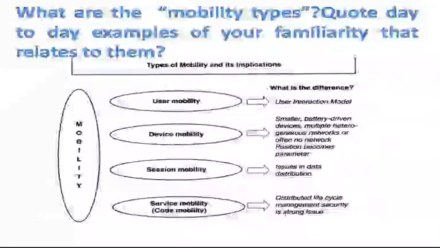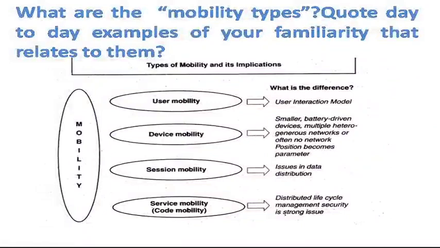What are the mobility types? Quote day-to-day examples of your familiarity that relate to them. Mobility is nothing but moving from one place to another, or it can be an easy access from one service to another service, or from one session to another session.